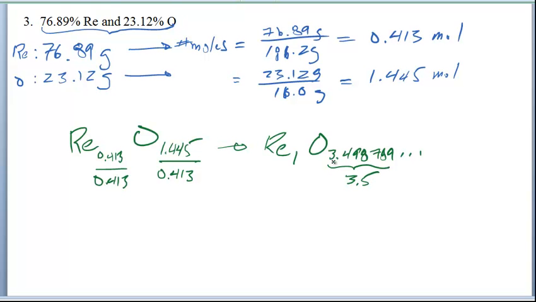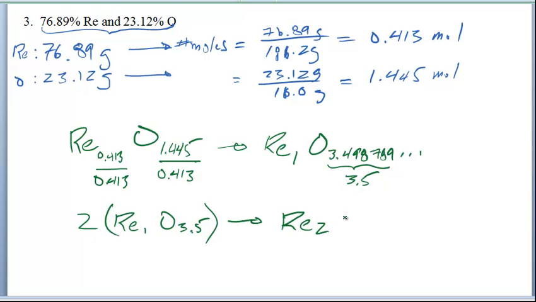All right, and so what could we do? Let me rewrite this here. What could we do now to convert this ratio into a whole number ratio? Well, it turns out that if we multiply both by 2, we get rhenium 2, oxygen 7.